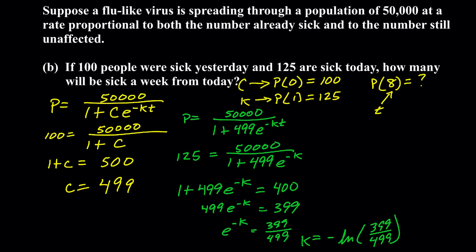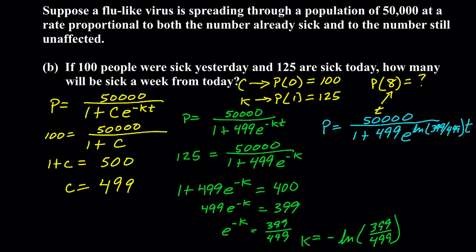We can substitute that value back into our equation. So we now have an equation that is useful. We have 50,000 over 1 plus 499 e to the natural log 399 over 499 t.